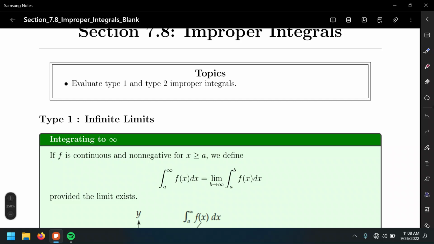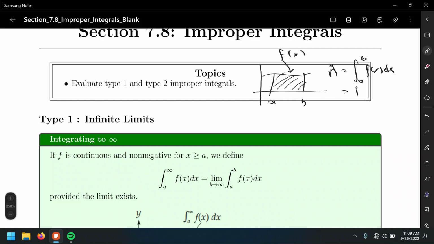So here is the issue. Coming back to the definition of the integral, we have this integral from a to b of f of x. That's going to give us the area under the curve.